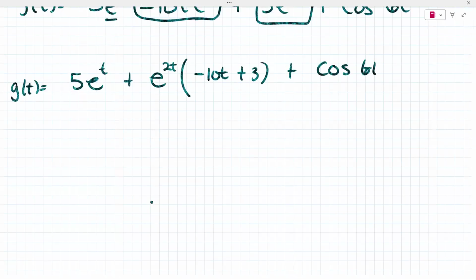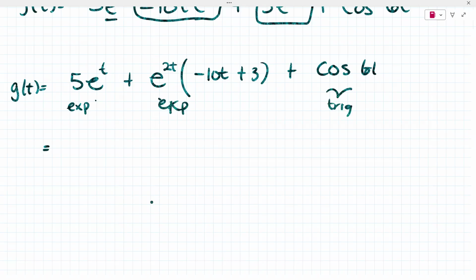Okay, now what we have is, what do we have? We have an exponential, and so exponential, exponential, and then we have a trig.